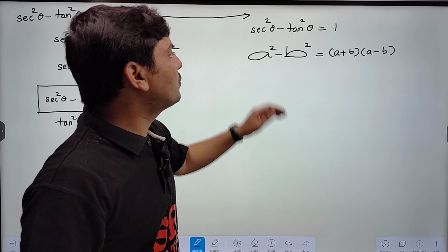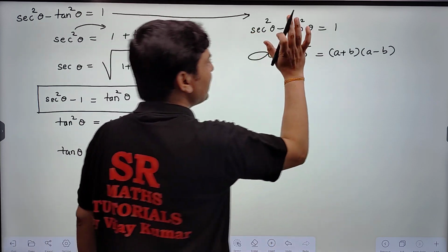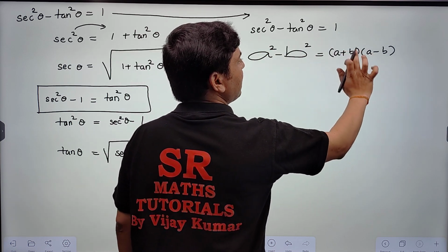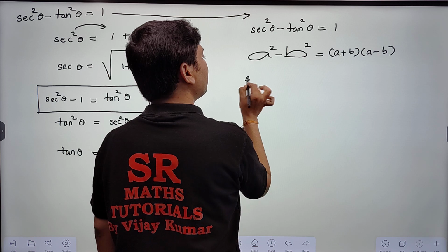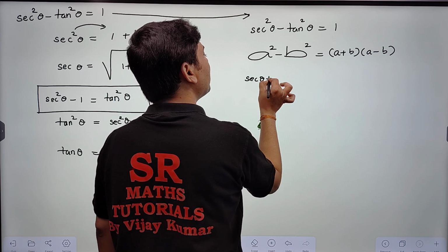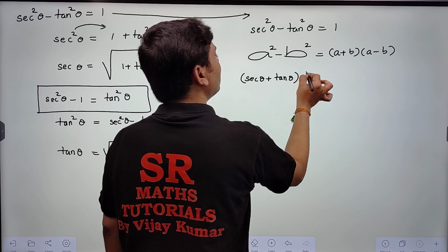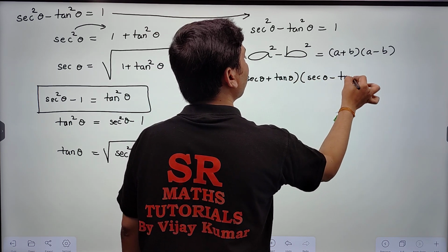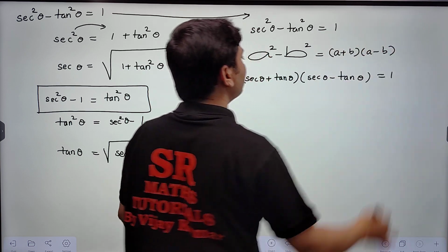So we replace a and b with secant and tan. You apply the same formula in terms of a and b: secant theta plus tan theta into secant theta minus tan theta. The right side term is this. Do you understand, students?